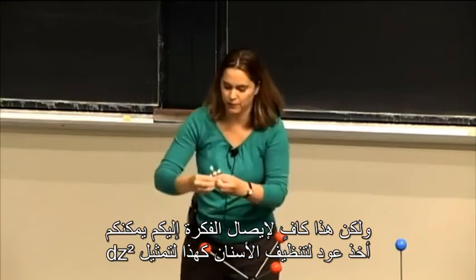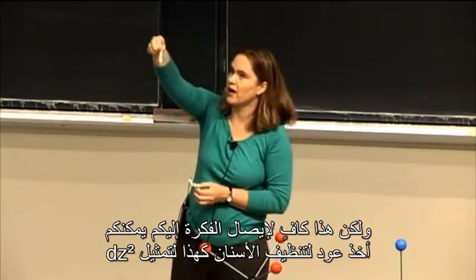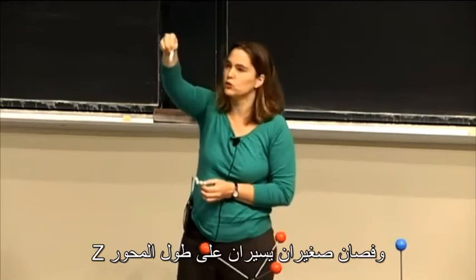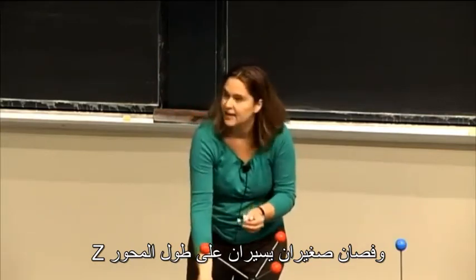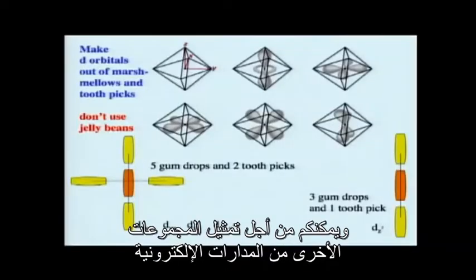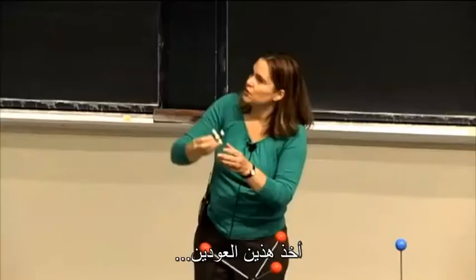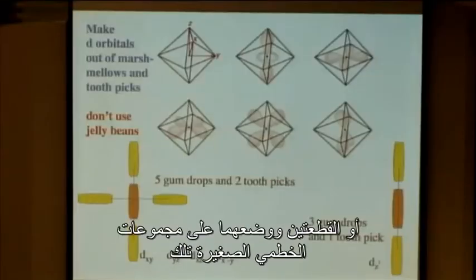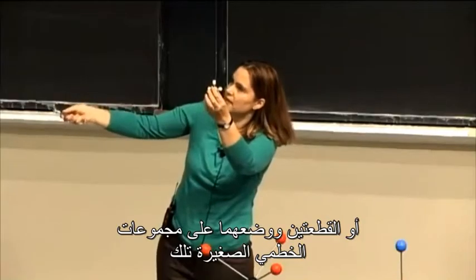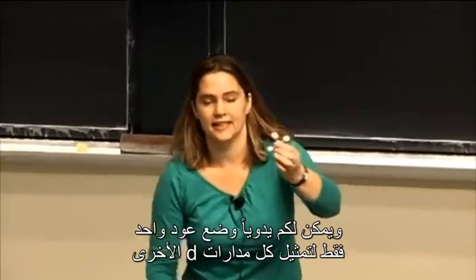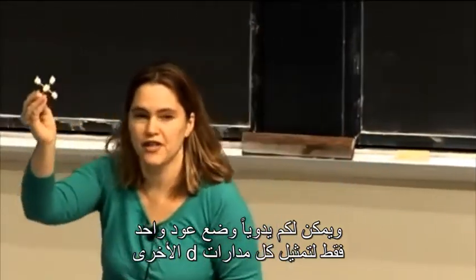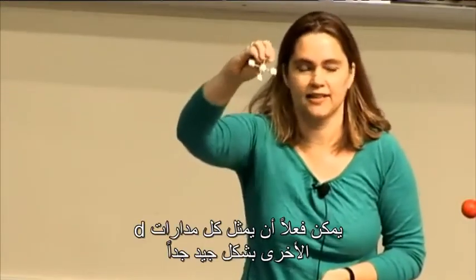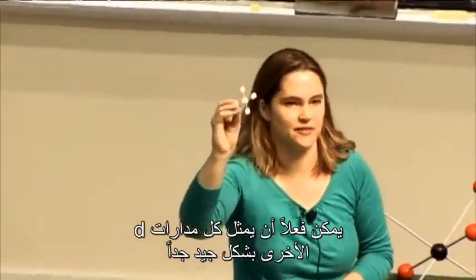You can take one toothpick and you can make dz squared, putting on your orbitals. You have your donut in the middle and then your two lobes which run along the z-axis. And then for your other sets of orbitals, you can take these two toothpicks and put them on these sets of mini marshmallows, and handily you can just have one for all of the other d orbitals, because depending on how you hold it, it can represent all of the other d orbitals very well.